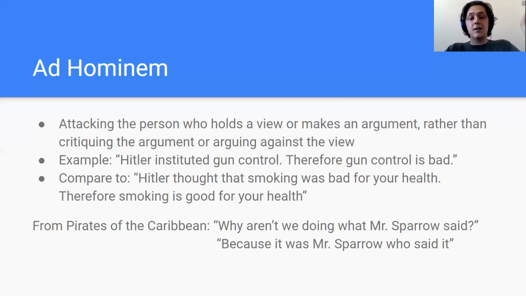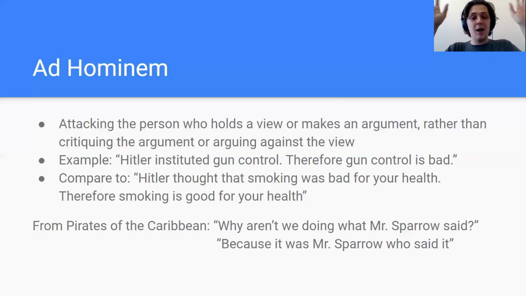Just as a weird historical fact, I don't know why this would ever come up in your day-to-day life, but the first ever government-funded public health anti-smoking campaign was in Nazi Germany. So the Nazis knew that smoking was bad for your health. The Nazis were bad.